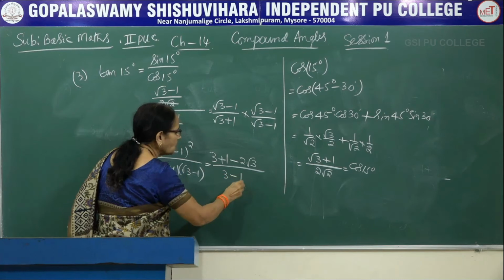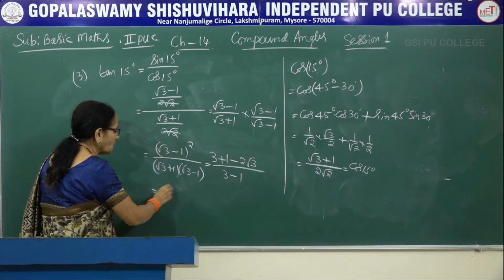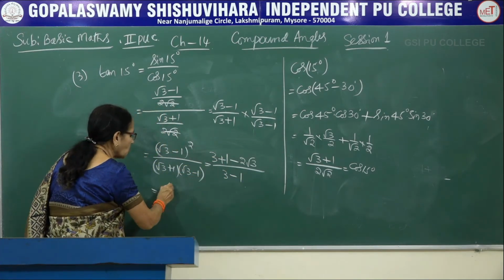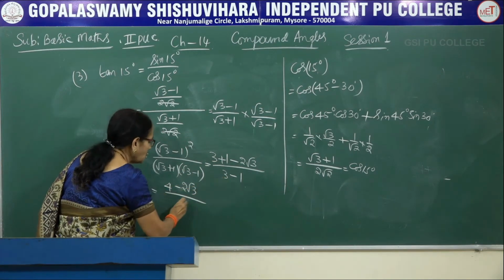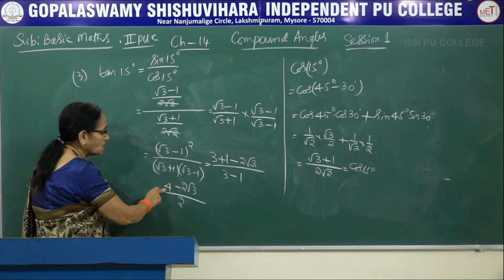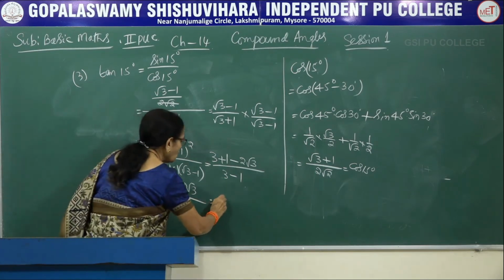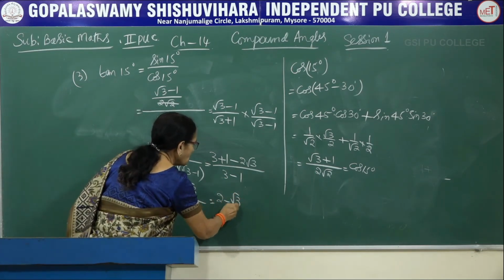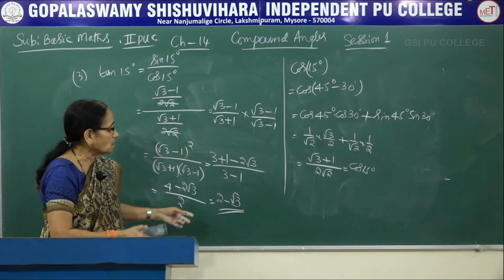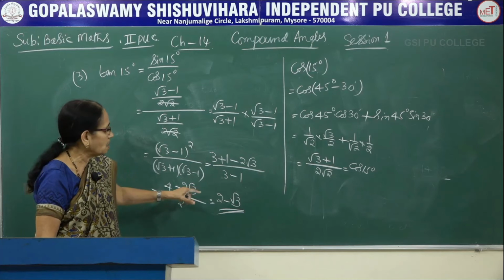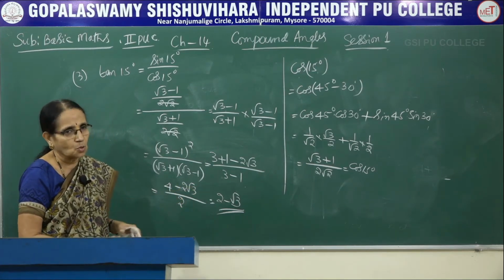Denominator a square minus b square. So 3 plus 1, 4, minus 2 root 3, and 3 minus 1, 2. Dividing the numerator by 2, finally we get 2 minus root 3. What was tan 75? It was 2 plus root 3. Here it is 2 minus root 3.